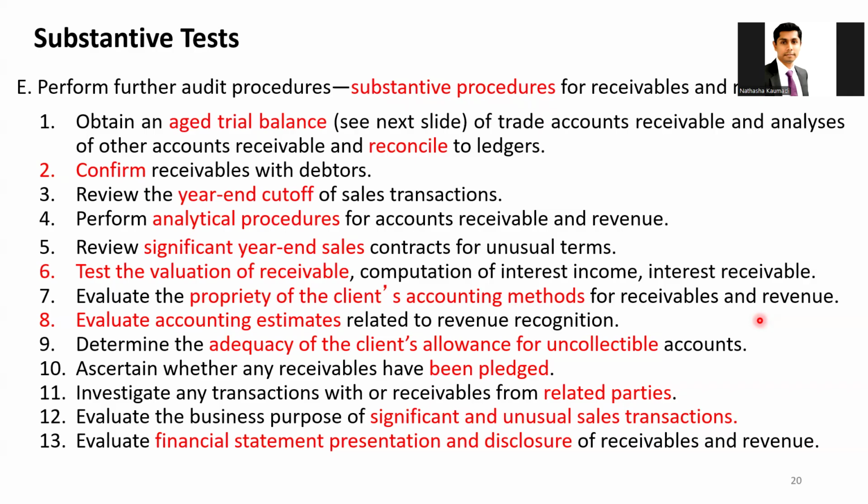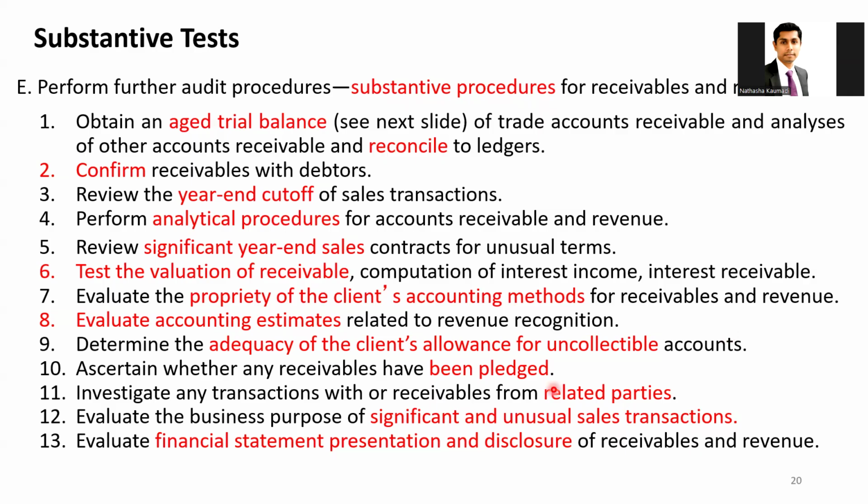That's not a very straightforward number, but it is an estimation based on the completion percentage, which is also an estimation. They try to calculate the revenue to be recognized. That's an estimate. So you evaluate and go. That means the client has done the estimation and they have recorded the revenue. You go and ask for supporting documents on how they have come up with these estimates.